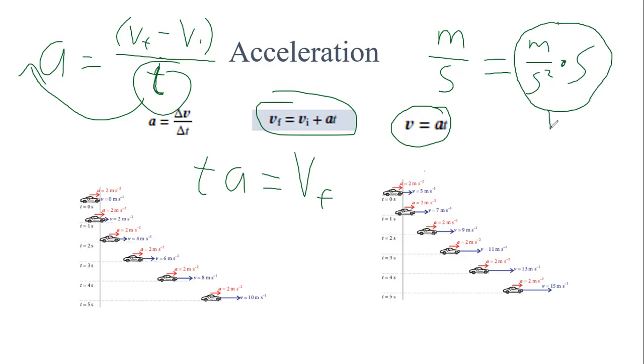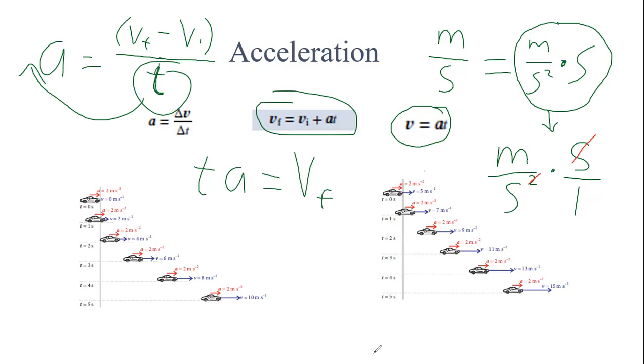I'm gonna draw this right here, down here. So this is meters over second squared times s, and s is the same thing as saying s over 1. And we can then see pretty clearly that these can cancel out, right?